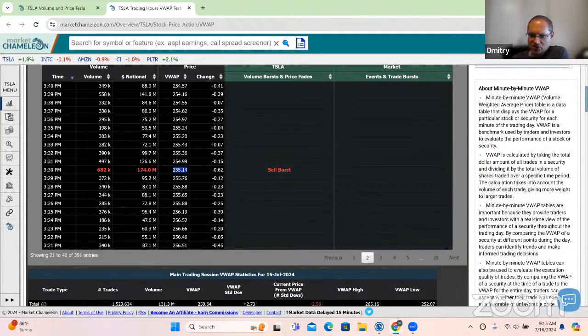In other words, if 170 million dollars worth traded at 255 and 4 million traded at 254, well, the 255 price will get more weight because more shares traded there. The price is weighted by the volume that traded at that price. So there we got 255.14.